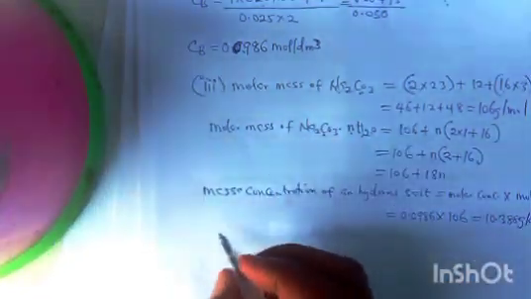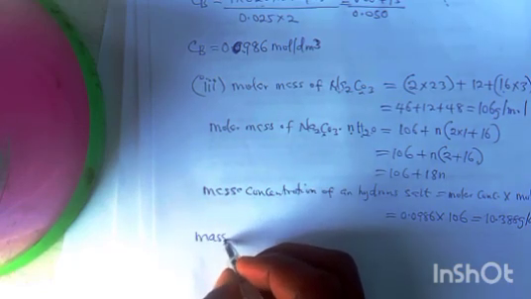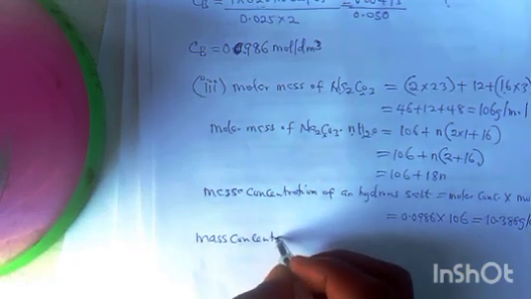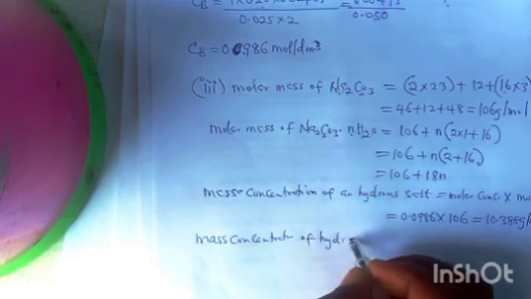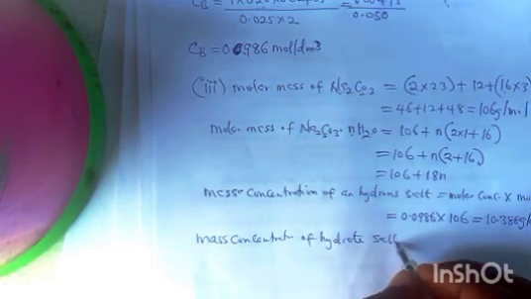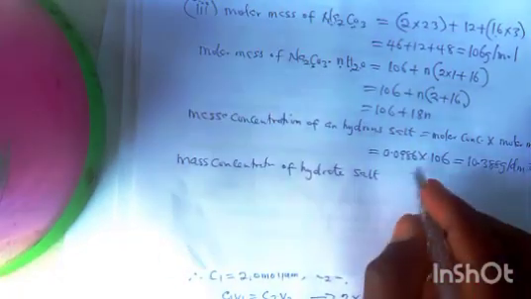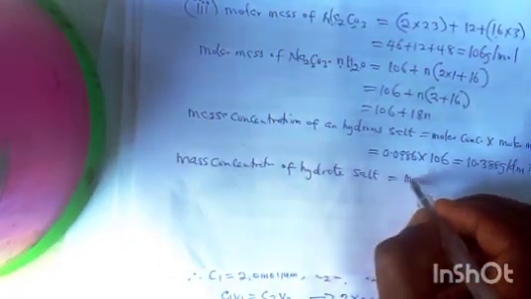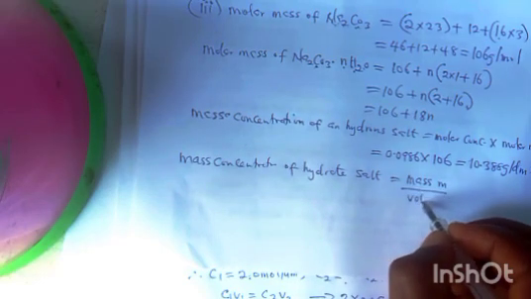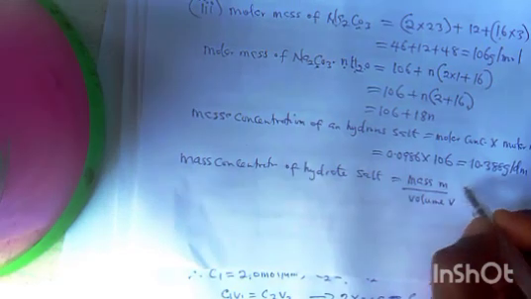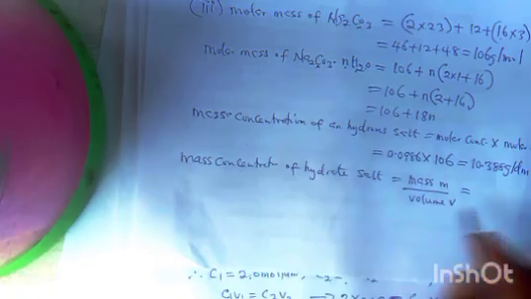The mass concentration of hydrate salt, because the salt contains water, which is the hydrate salt, is equal to mass m over volume v. Therefore the mass is given from that question. Look at the mass here. This is the mass of the salt.